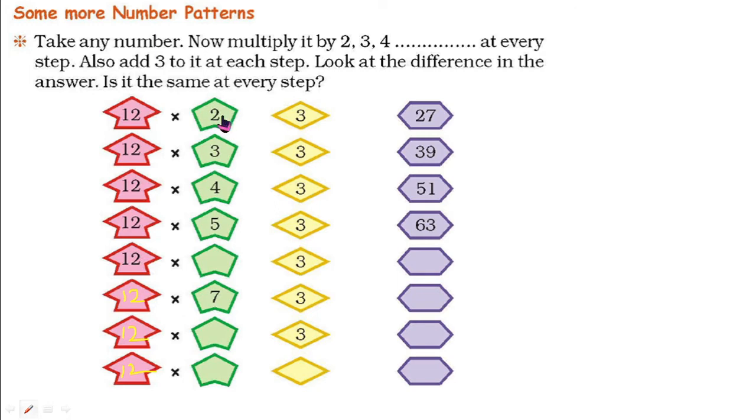Every time we will multiply by 2, 3, 4, 5, 6, 7, 8, 9. Then we'll add 3. So 12 twos are 24 plus 3, 27. 12 threes are 36 plus 3, 39. Okay. So every time we will get this number.